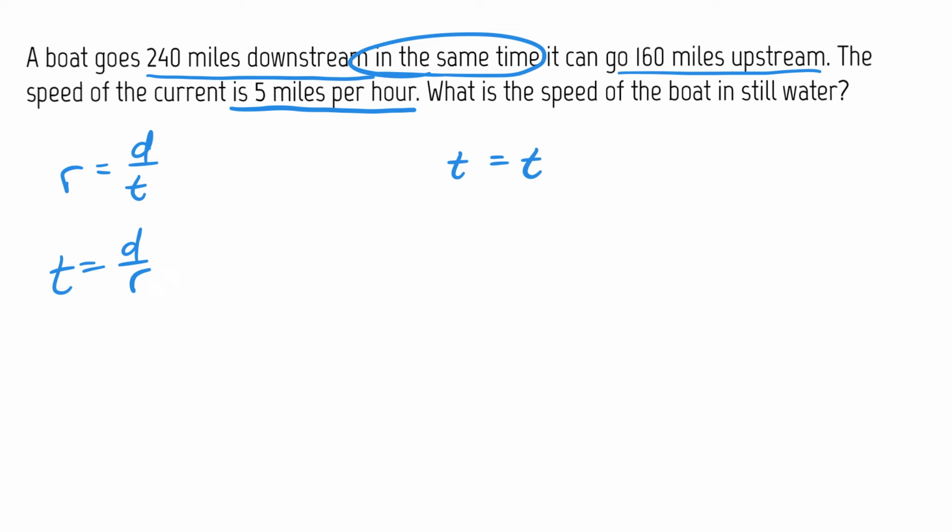So which is first? Downstream, this is upstream. So the downstream would be distance over rate equal to distance over rate. The distance of downstream is 240. The distance of upstream is 160.